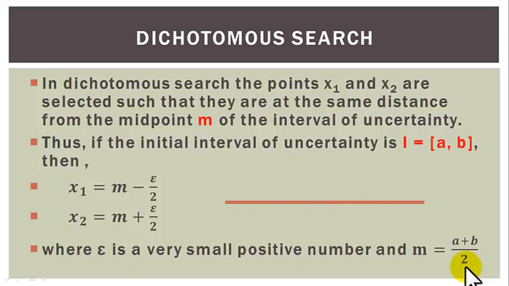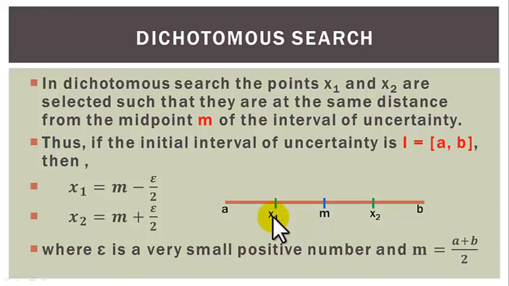We illustrate this with the following diagram. This is the interval AB, and this is the midpoint of this interval, M. We choose the point x1 somewhere here. This is the point x1, and this is the point x2.